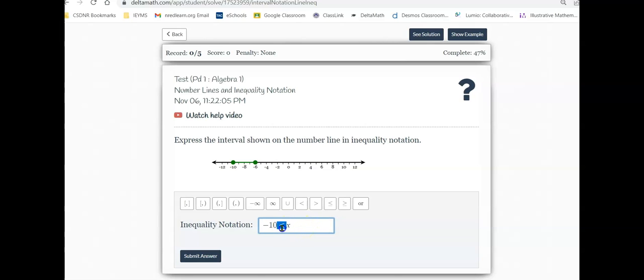And then remember, you need a symbol that faces the same direction. So the x should be in between these 2 symbols. So x, when reading backwards, is greater than negative 10, but x, when reading forward, will be less than negative 6. So you need to have the x in the middle, and these 2 symbols, no matter what you pick, have to be facing the same direction.